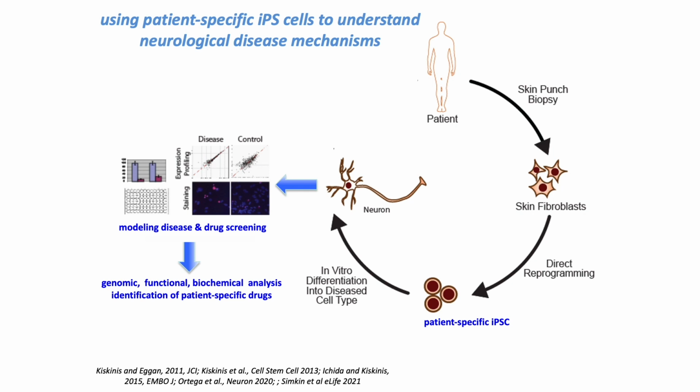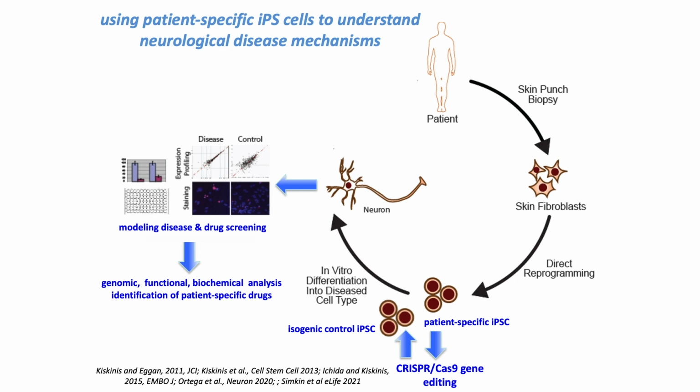We typically recruit a patient of interest through one of our neurology clinics. We isolate some sort of somatic cell type from that individual, and we generate patient-specific induced pluripotent stem cells. We utilize CRISPR-Cas9 gene editing to correct disease-associated mutations and generate isogenic control iPSC lines.